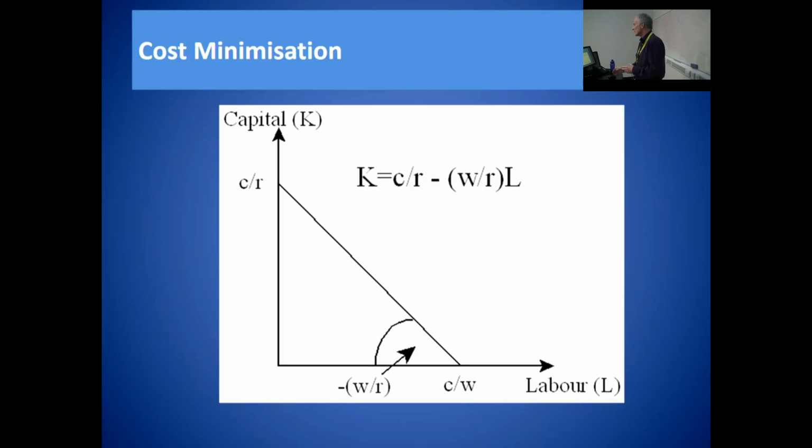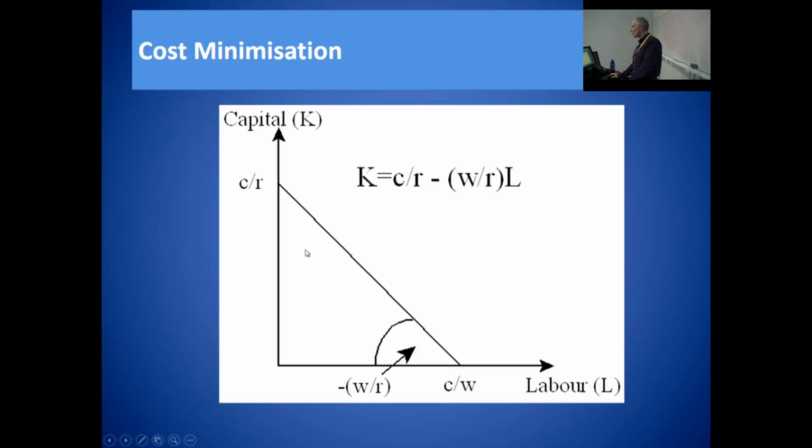So for a budget constraint, what would the vertical intercept be? It'd be income divided by the price of the good on the vertical axis. The horizontal intercept would be income divided by the price of the good on the horizontal axis.